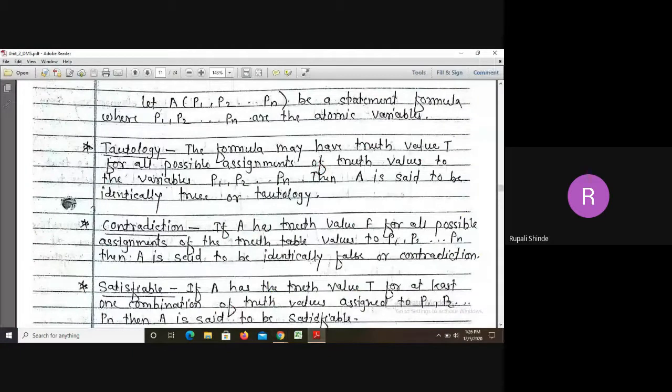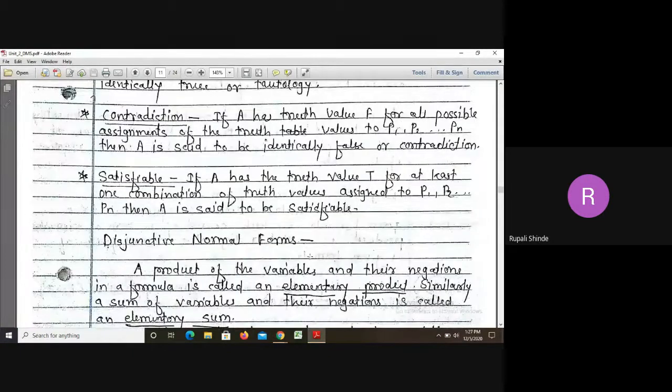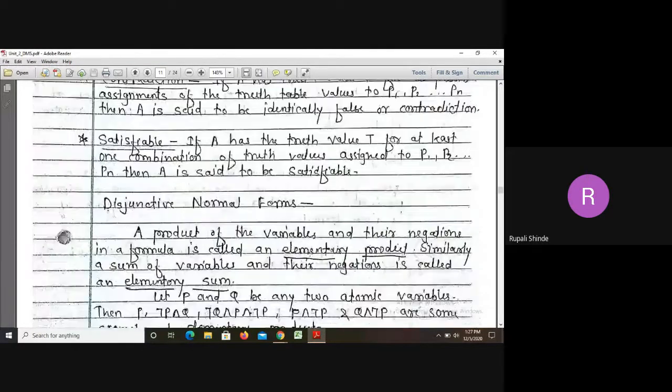Now, next, these are the normal forms. The first normal form is disjunctive normal form. So what is this disjunctive normal form? A product of variables and their negations in a formula is called an elementary product, and a sum of variables and their negations is called an elementary sum.